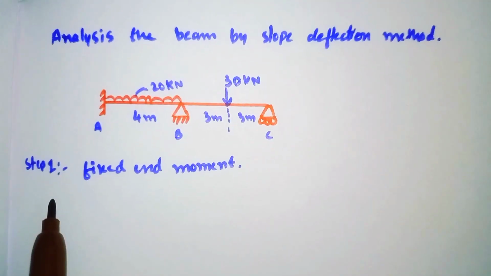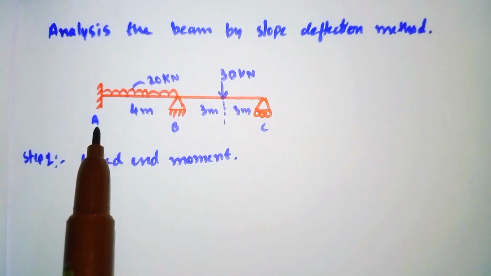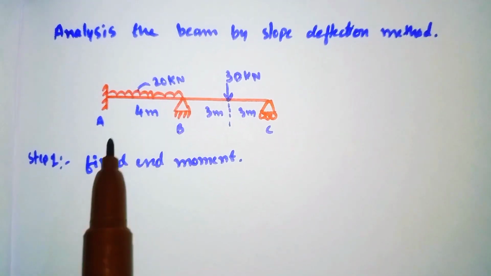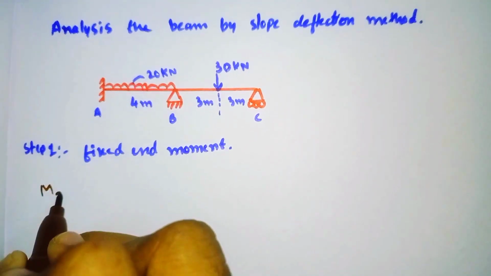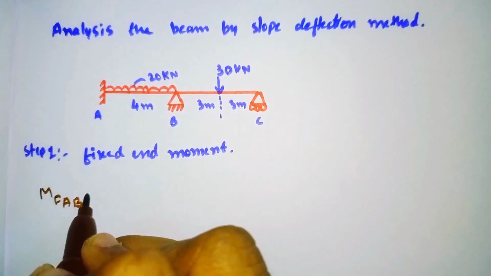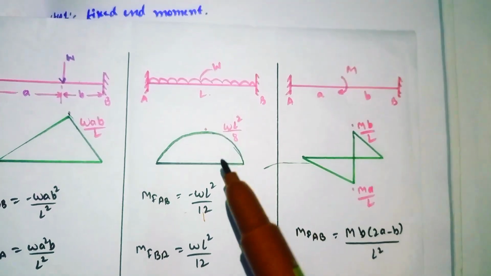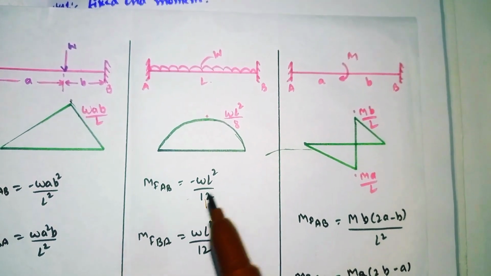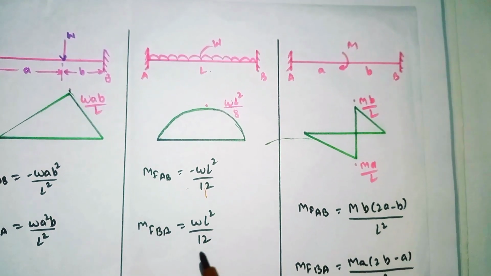So our first step is, as usual, to find out the fixed end moment. Here span A to B is carrying the UDL of 20 kilonewton. For finding the fixed end moment of span AB for UDL, we have the formula: MFAB is equal to minus WL square divided by 12 and MFBA is equal to WL square divided by 12.